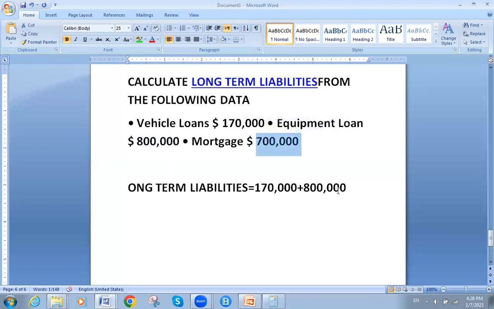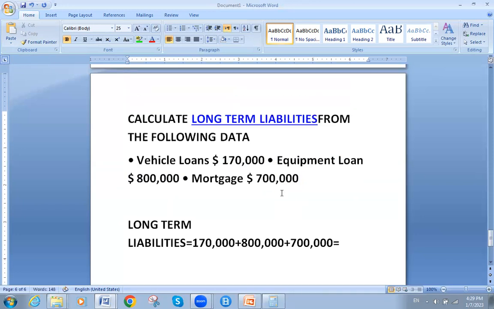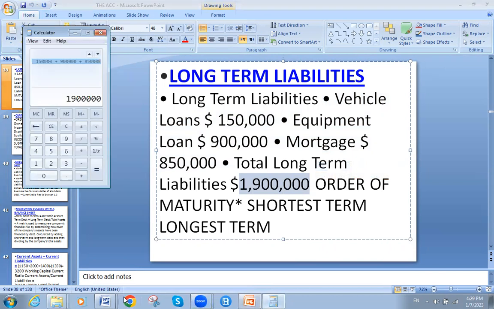So the long-term liabilities will equal at the end the amount which we said, that is 1,900,000, like we calculated in the calculator.